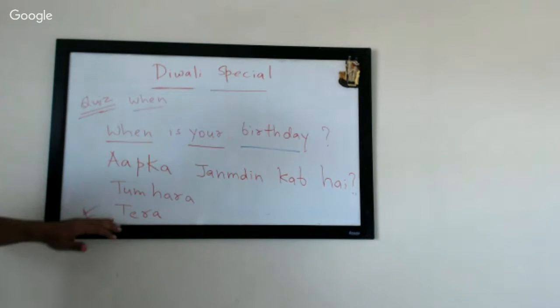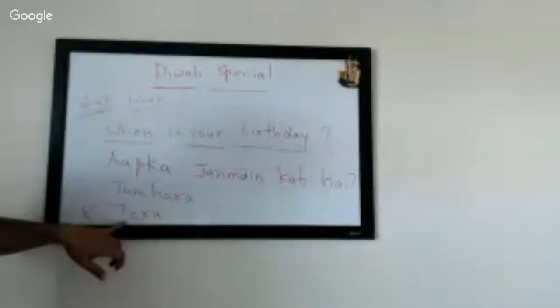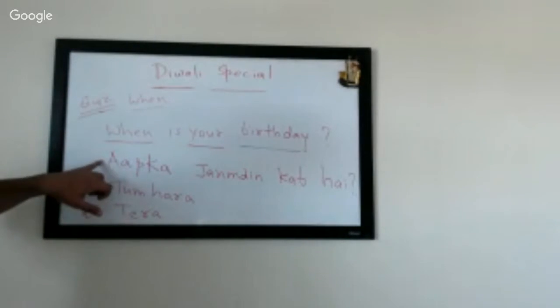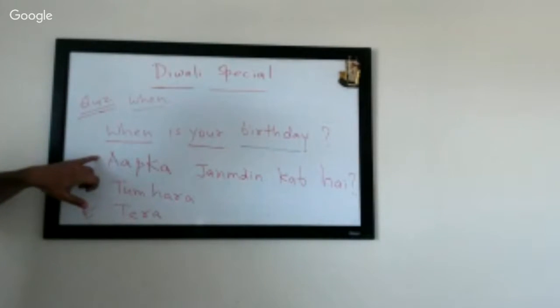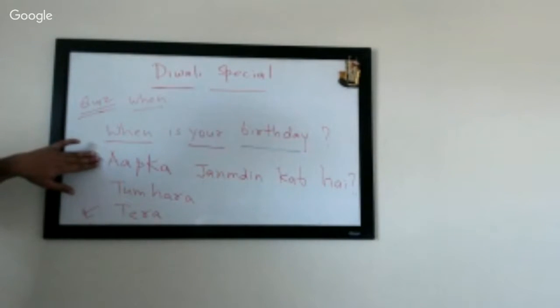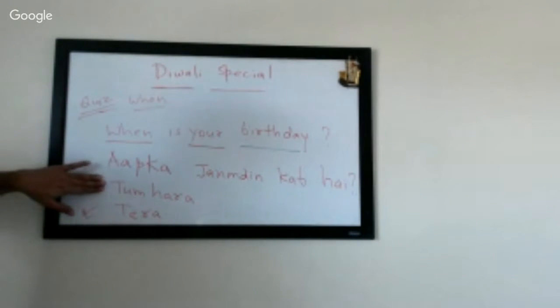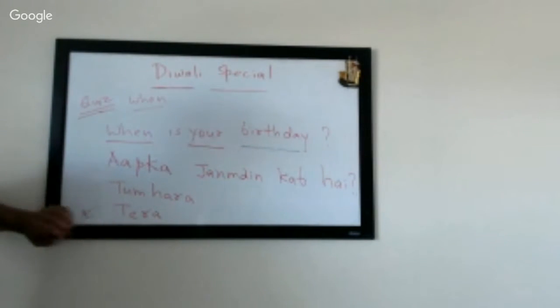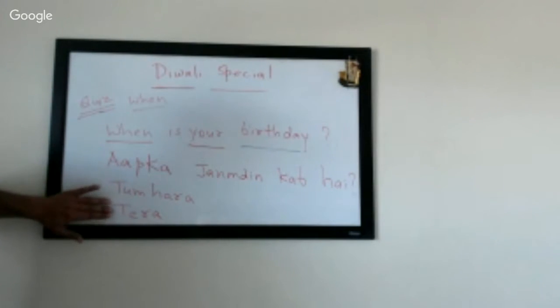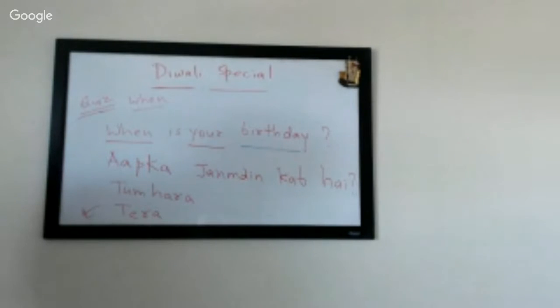But if it's a stranger, tera can be considered rude. So start with aapka if you want to be really careful about respecting. If you're kind of sure, you can use tumhara. If you are very sure, then you can use tera.